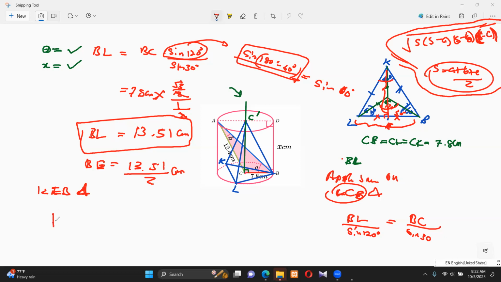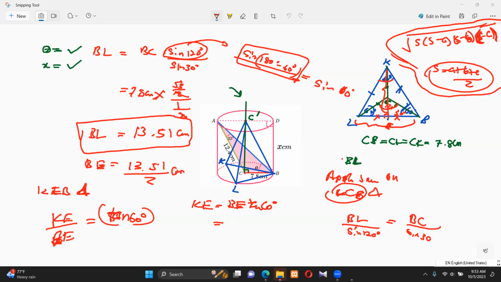KE is the opposite side, so KE over BE equals tan 60 degrees. KE, which we don't know, equals BE times tan 60 degrees. What about BE?